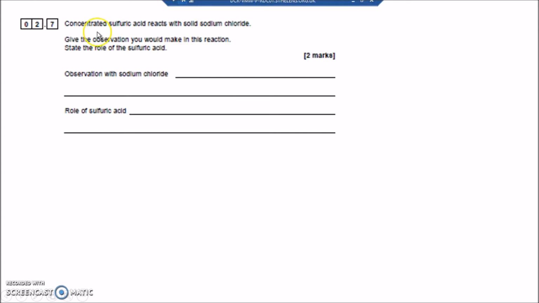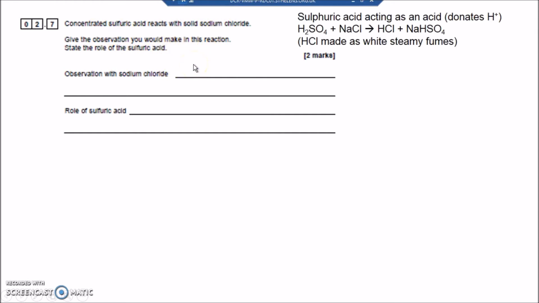Question 2.7. Concentrated sulfuric acid reacts with sodium chloride. Give the observation. So we've already talked about the fact that sulfuric acid acts as an acid in the first instance, and with sodium chloride and sodium fluoride it won't act as an oxidizing agent. It's not a strong enough oxidizing agent to be able to turn Cl- into Cl2, so it only acts as an acid with sodium chloride and sodium fluoride.